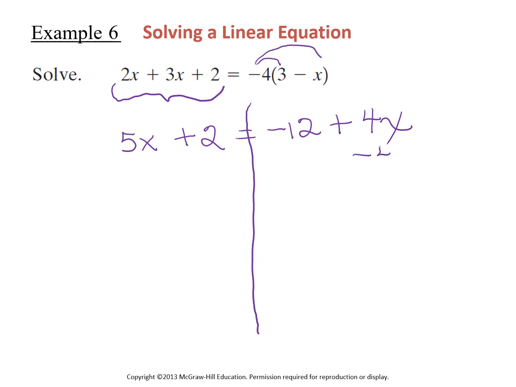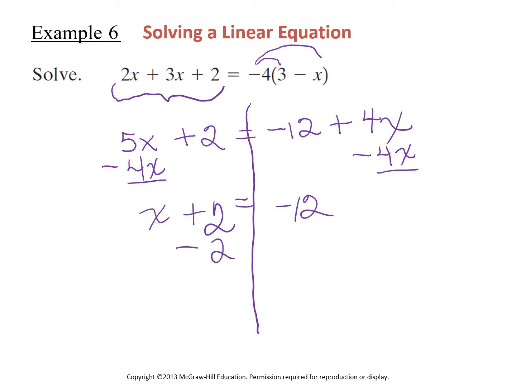So I'm going to start by subtracting 4x on both sides of the equation. So I have x plus 2 equals negative 12. And I will subtract 2 on both sides of the equation. And x equals negative 14.